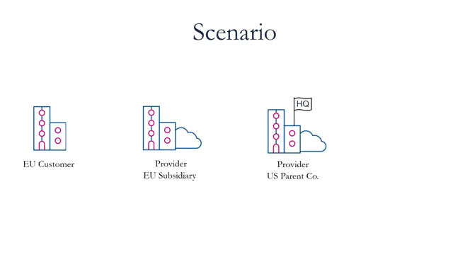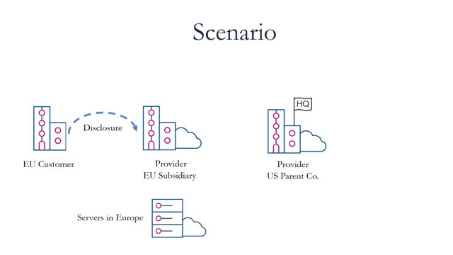And Microsoft Ireland is then wholly owned by Microsoft Inc. in the US. So what we have is a business-to-business cloud use case, and in the context of using the cloud service, the customer stores personal data in the cloud, right? And in doing so, effectively discloses that data to the provider's European subsidiary. And the provider's European subsidiary then stores that data on servers in Europe. So that's the starting point.